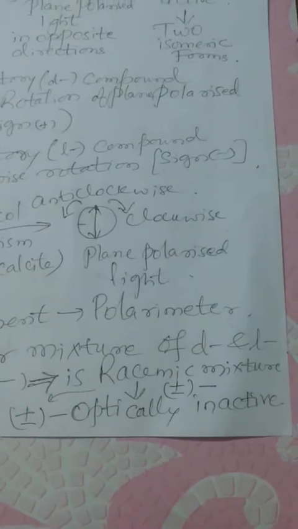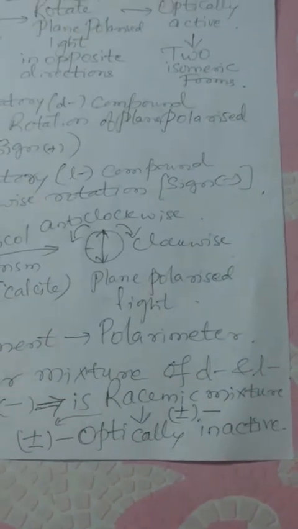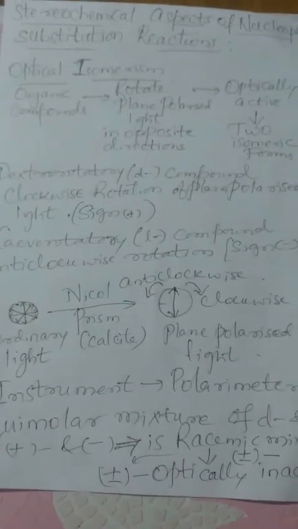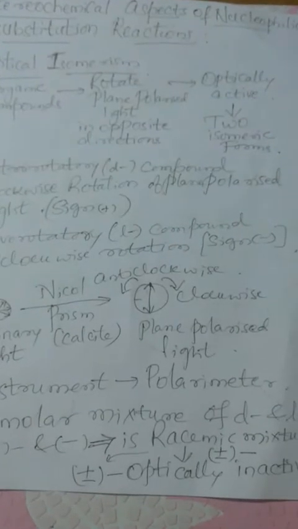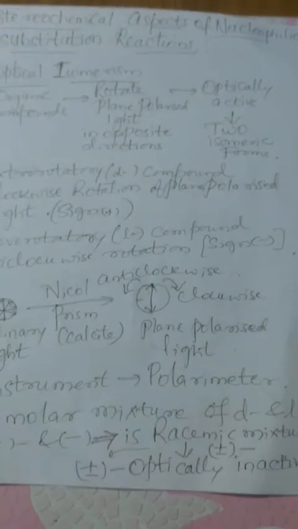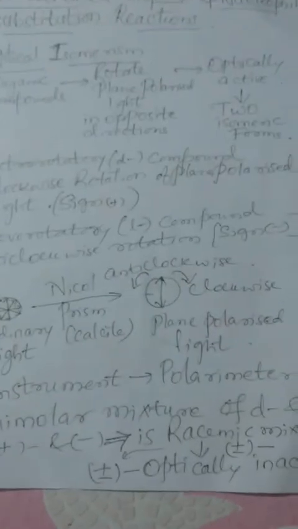Hence the racemic mixture is optically inactive. This optical activity of a compound is measured and detected by using an instrument called a polarimeter. So this is in brief what you should know regarding stereoisomerism.